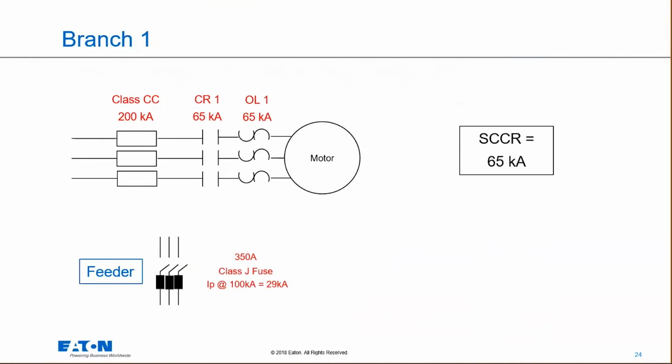Those ratings are certainly over the let-through that could potentially come through from that Class J fuse. So we can take this branch and increase it up to 100,000 amps. Just keep in mind, we're not going up to the 200,000 amps of the Class CC. We're going up to that 100,000 amp rating from column SB 4.2 of that table. So we're able to raise the rating of this particular branch all the way up to 100,000 amps using those let-through currents.